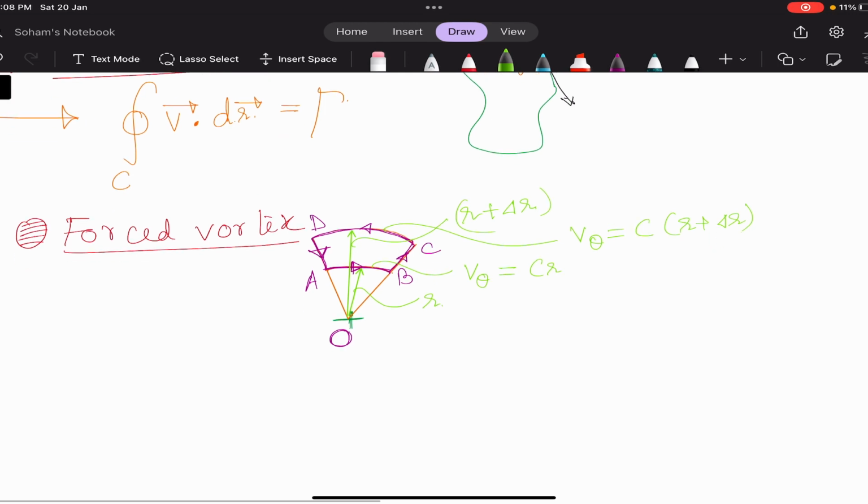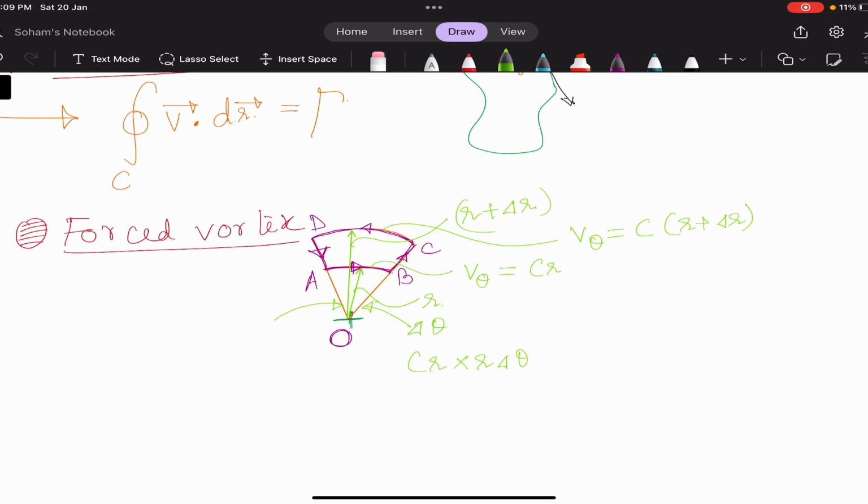And during BC the velocity is already 0 because Vr is 0. So this angle is delta theta, so C r into r delta theta, right?